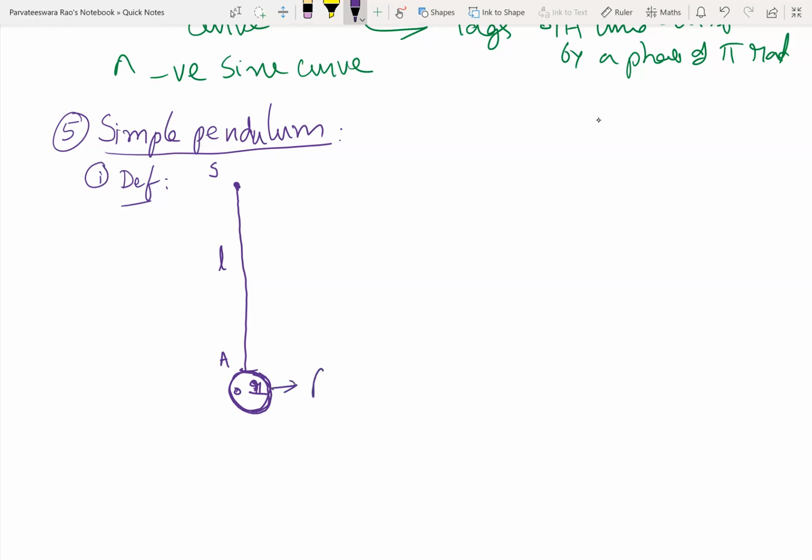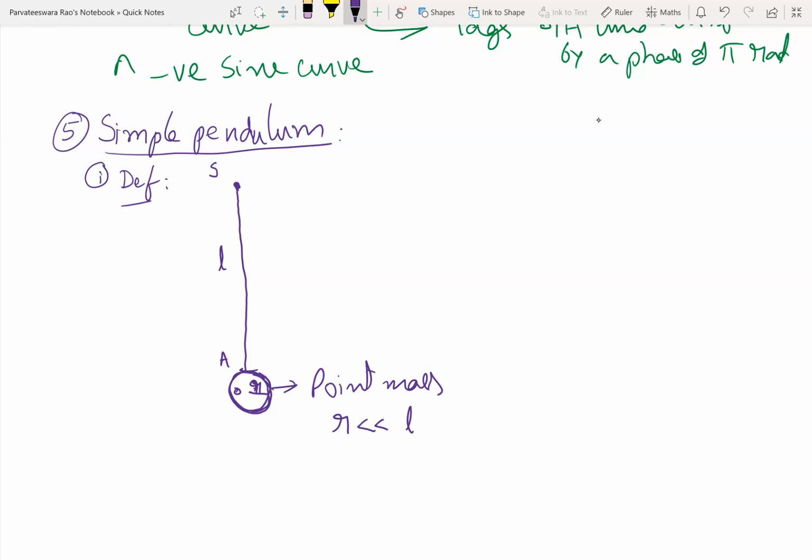We are calling it a point mass, but it's not a point, right? It has some shape and size. Why is it called a point mass? Because the radius of the bob is very much less than the length of the thread.